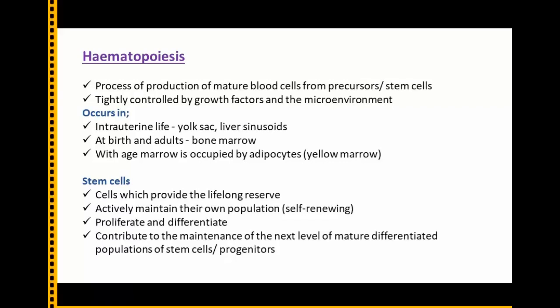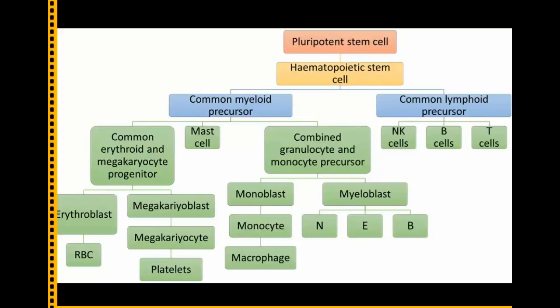And they can proliferate and differentiate. So, they contribute to the maintenance of the next level of mature differentiated population of progenitor cells. This is how the mature red blood cells are formed.